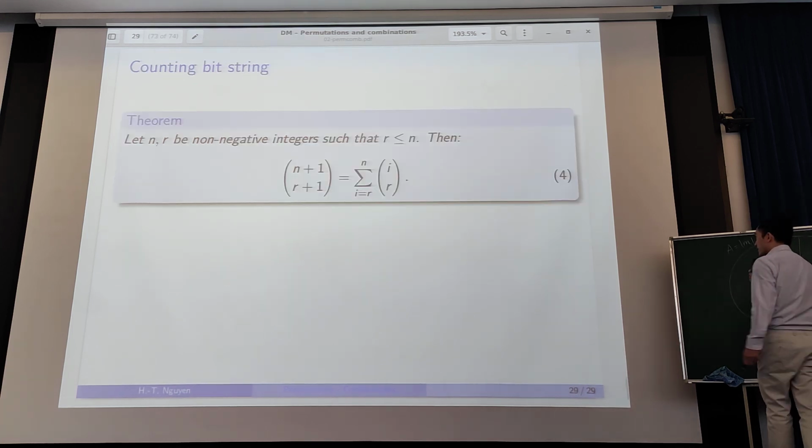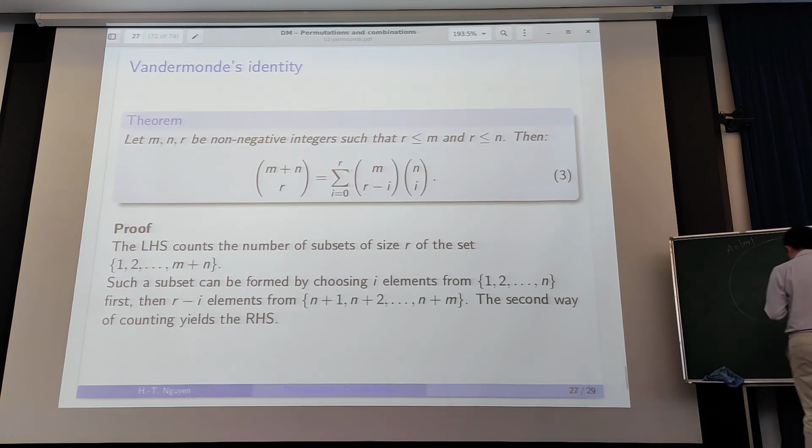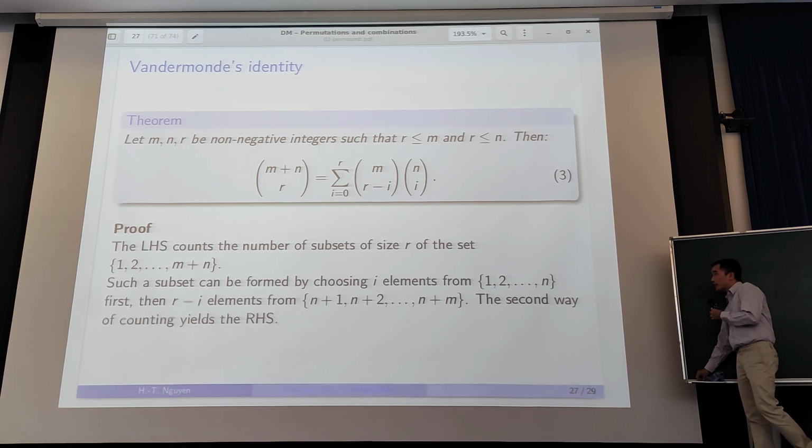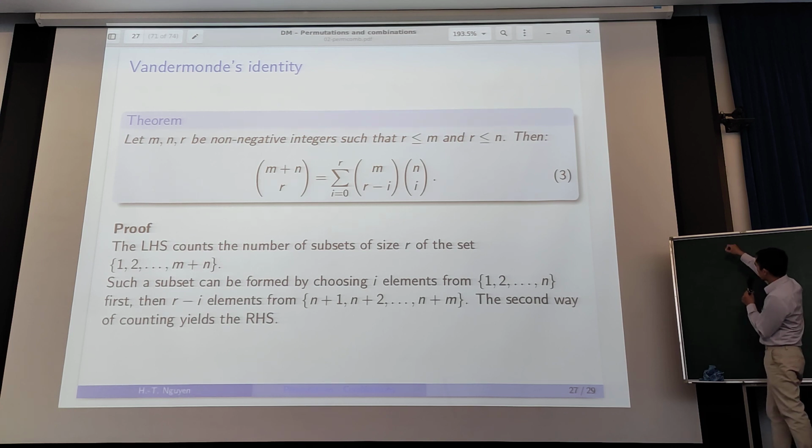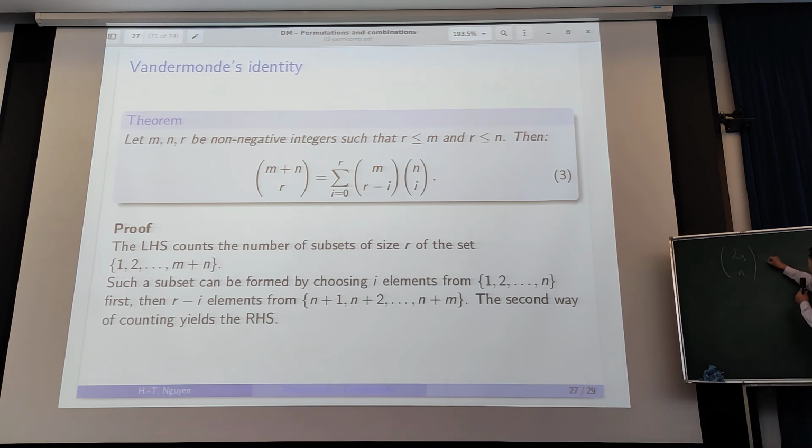I will rewrite it here. So if m is equal to n, and r is also equal to n, then the left hand side is 2n choose n. And the right hand side is the sum with i going from 0 to n, of n choose n minus i, times n choose i.